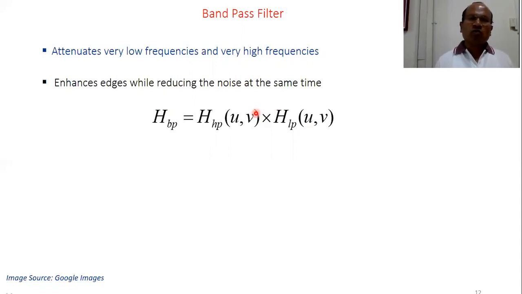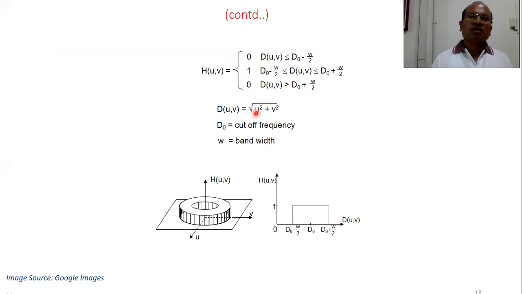We will discuss the output of the band pass filter separately in a subsequent lecture. This is the response where you can see that from D0 minus omega by 2, where D0 is the cutoff distance, to D0 plus omega by 2 is the area where we are passing the signal.